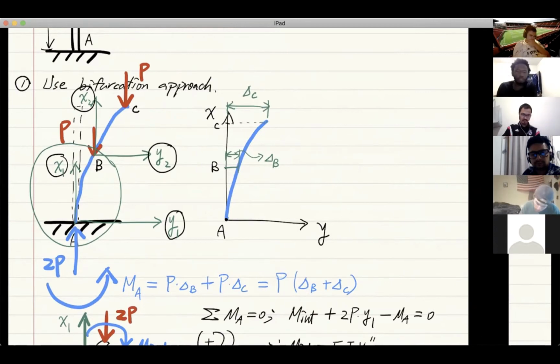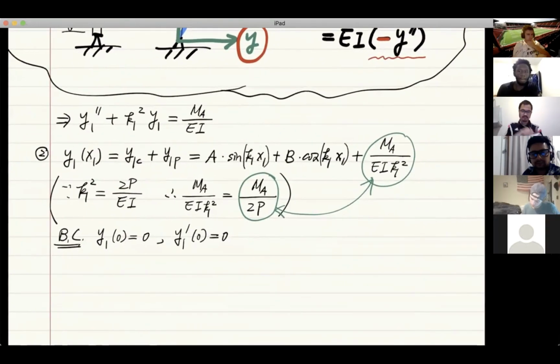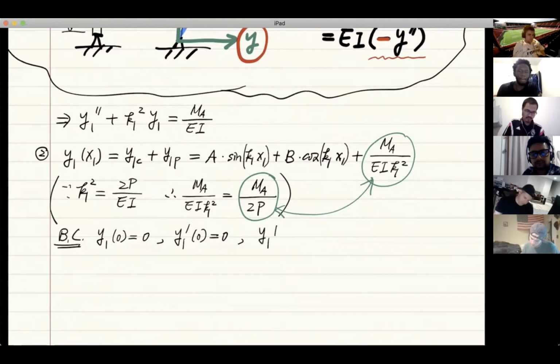Because y1 is just a horizontal deflection. So when x1 arrives at point B, x1 becomes L over 2 and y1 becomes delta B. That's what I'm going to write here: y1 when x1 equals L over 2 equals delta B.